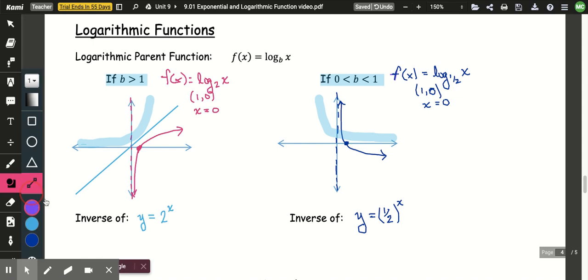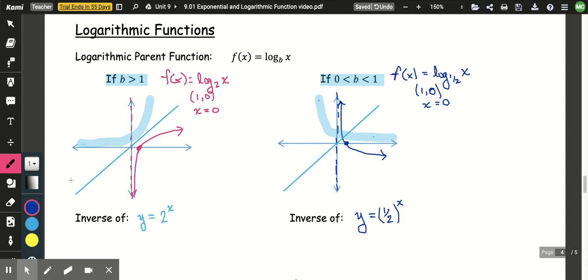And then if I put in my line of symmetry, y equals x, my graph is not perfect, of course, but if you were to fold the paper across that line, then this piece of the graph up here would match up with this piece down here. And this piece up here would match up with this piece over here. So you can see that they would line up. They have that same symmetry that we talked about in the last unit.